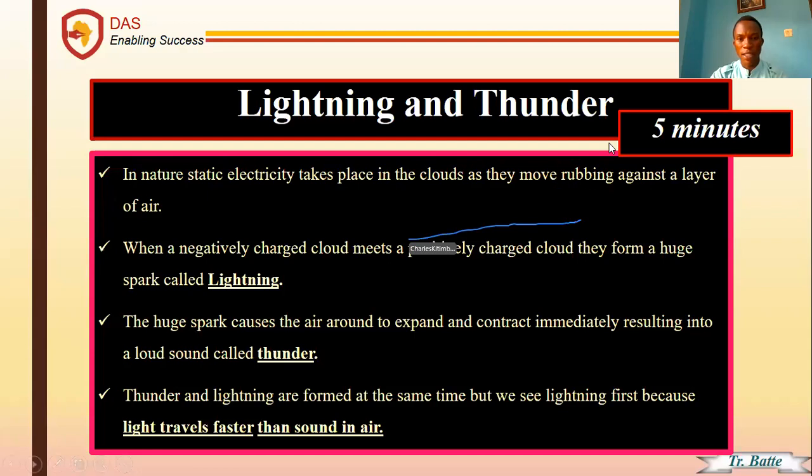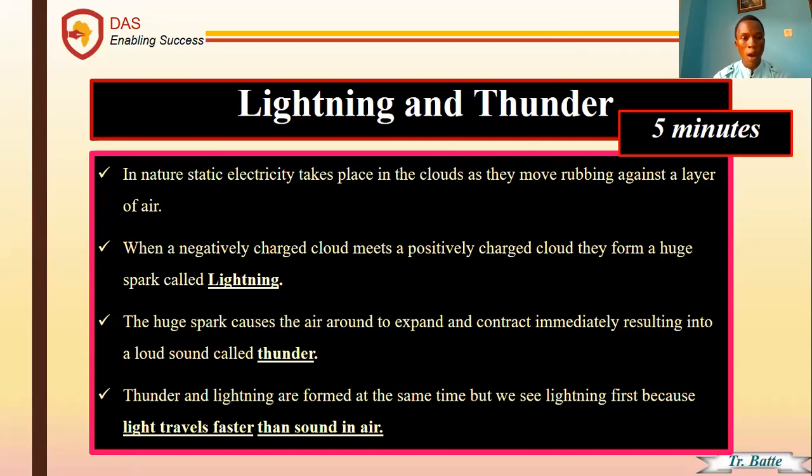Here we have just 5 minutes on this slide. So number one, lightning and thunder. Of course, yesterday we said in nature, static electricity takes place in the clouds as they move, rubbing a layer of air. So here we are going to look at how lightning takes place.